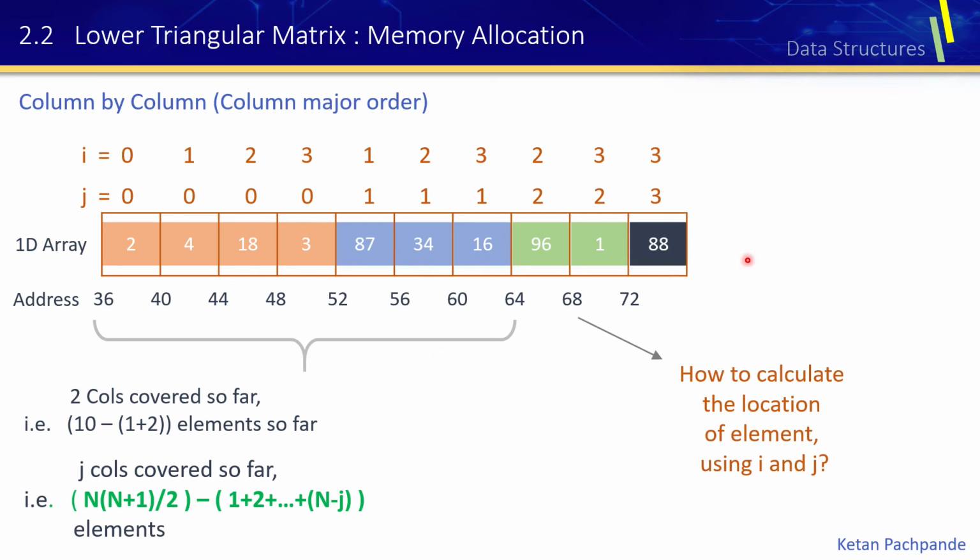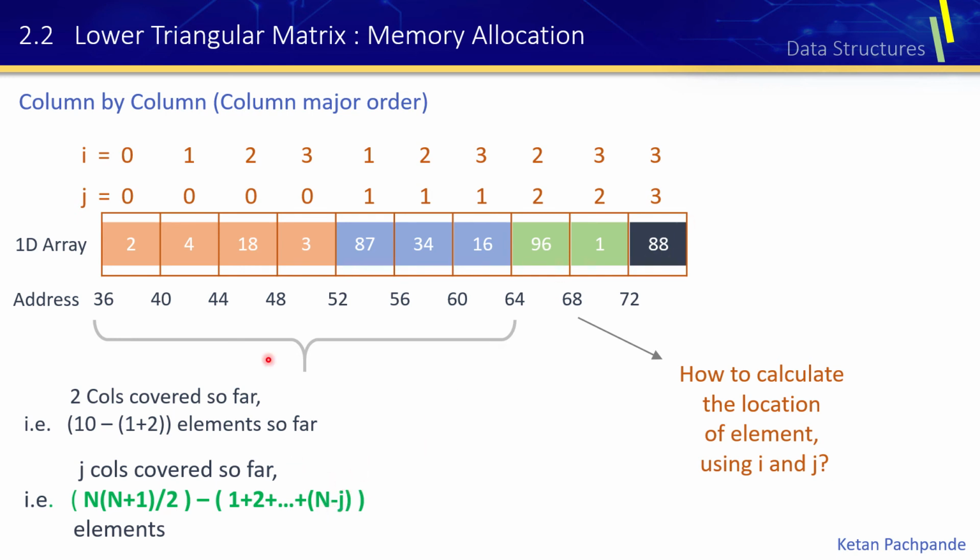Now let's start from the right hand side. If I start from the right hand side, it always starts with 1. So it will be 1 plus 2 and so on. Here I need to stop because I'm interested in the calculation of 3, 2. So in general, it is 1 plus 2 plus up to n minus j.